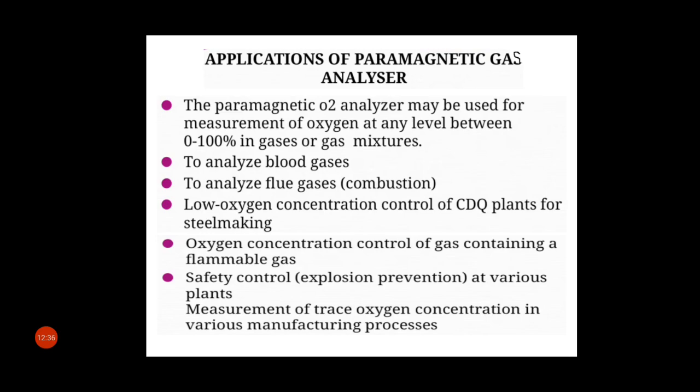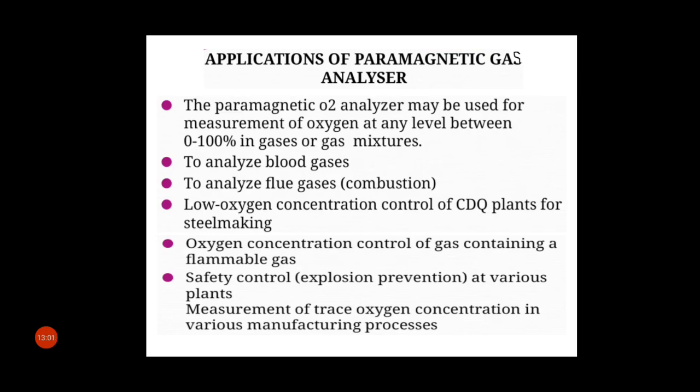It is used to analyze blood gases and it is also used to analyze flue gases, that means combustion. Next application is low oxygen concentration control of CDQ plants for steel making.